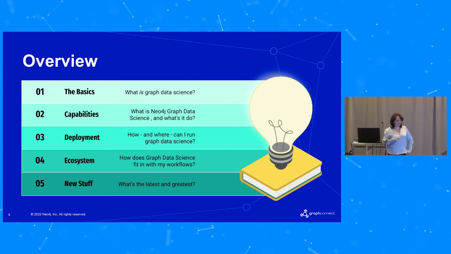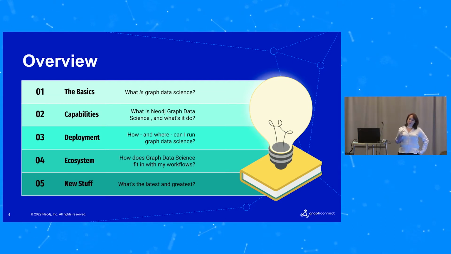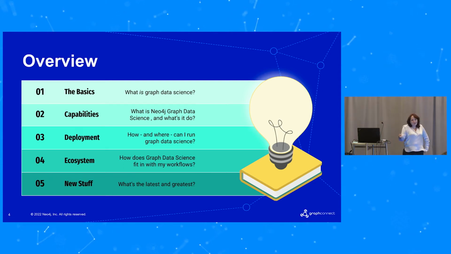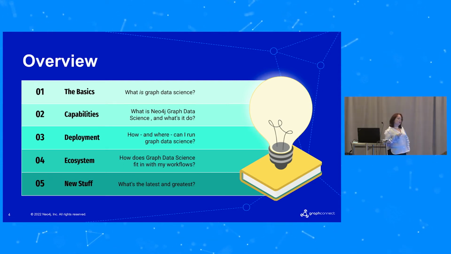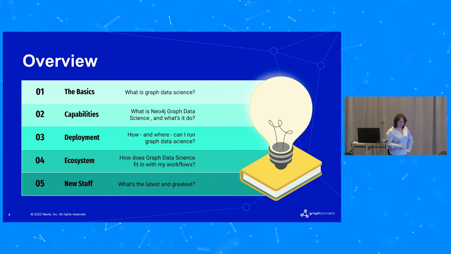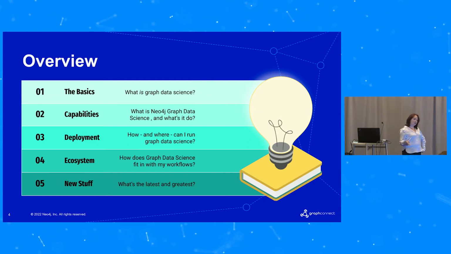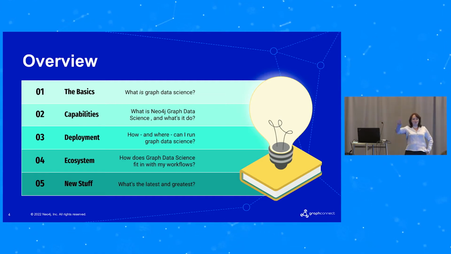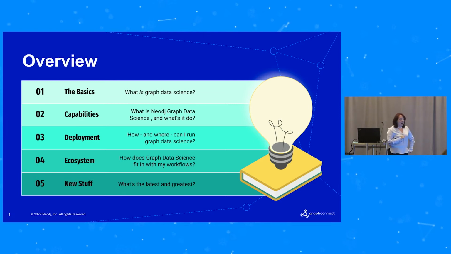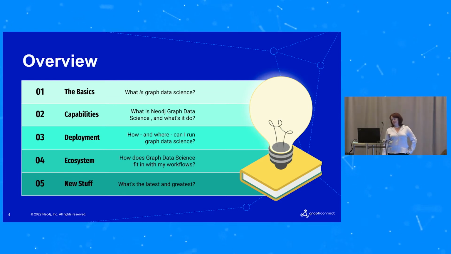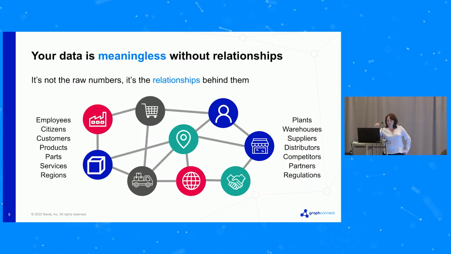We're going to talk about the capabilities built into the library, so what Neo4j does for you. We're going to talk about deployment, how and where you can run Neo4j graph data science. We're going to talk about the ecosystem. Some of you may have come from Zach's talk right before this, where he did a deep dive into the ecosystem. And then we're going to finish with new stuff, the latest and greatest. And again, questions along the way, feel free to interrupt.